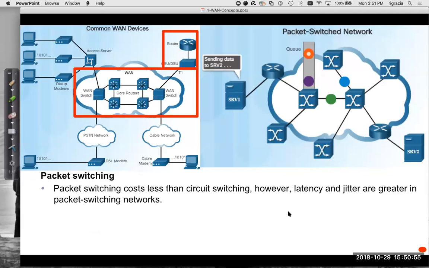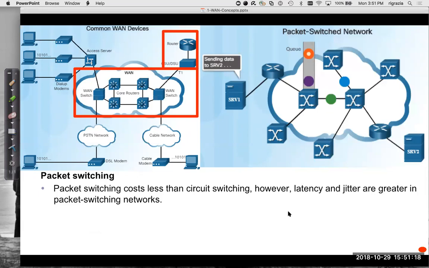Okay. So packet switching costs a lot less than circuit switching because you can more efficiently send packets. You don't have to have enough circuits for everybody at the same time. However, when I get in my car, there might be other cars on the road. In fact, there might be too many cars on the road on my way to school.